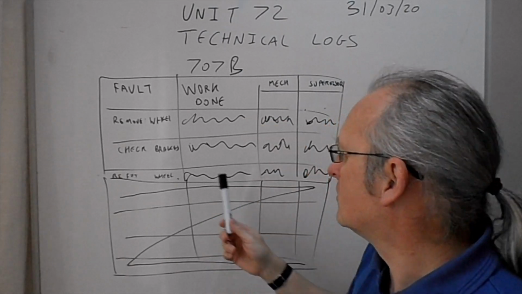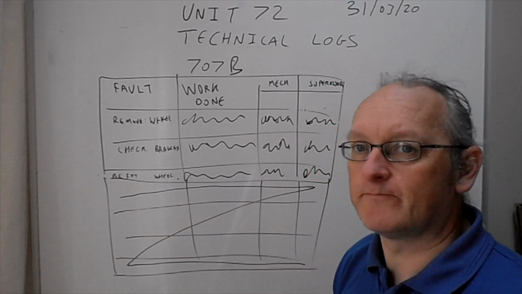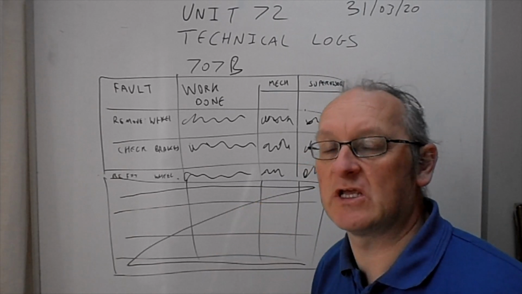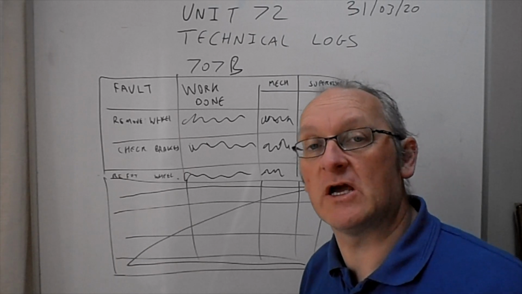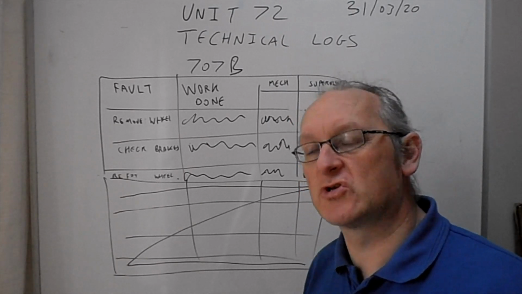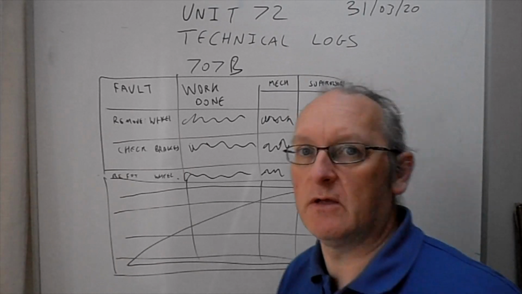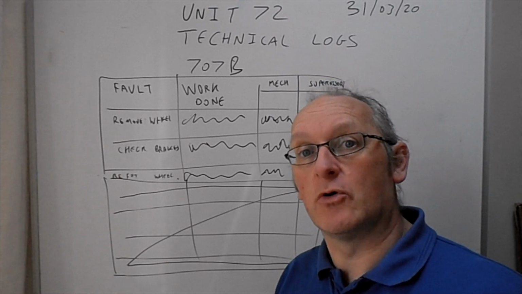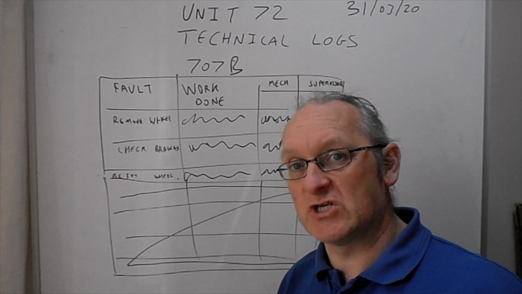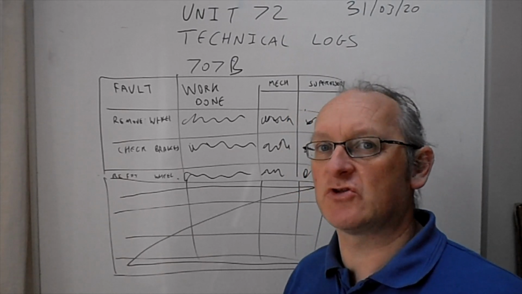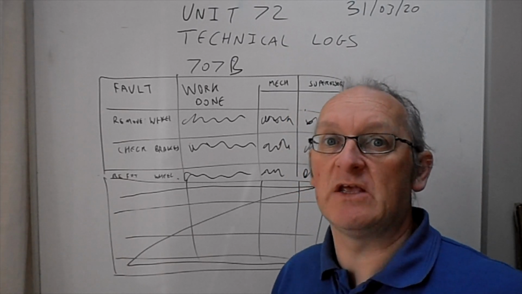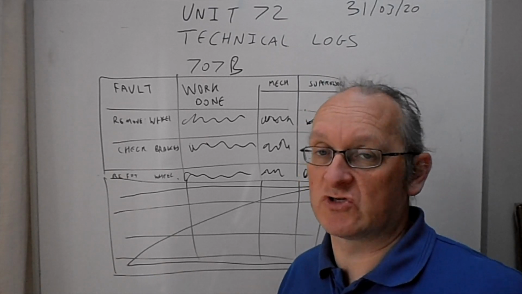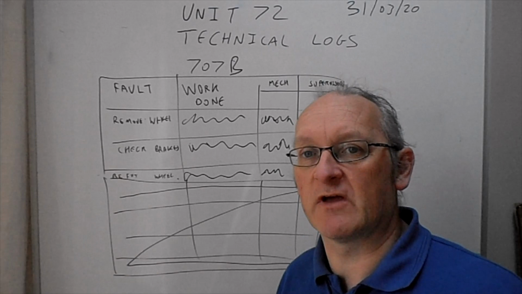Okay, so you only sign for the bits that you've done and that are fully complete, and you are responsible in that signature box for the quality and completeness of your work. What does quality and completeness of your work mean? It means that all the work's been done in accordance with the manual, all the correct tools have been used, the correct procedures have been followed, and that everything in that job is within UK aviation safety specs, UK aviation safety law, or CAA specs, or EASA specs, or whatever.